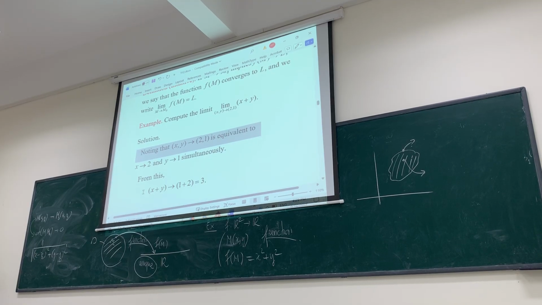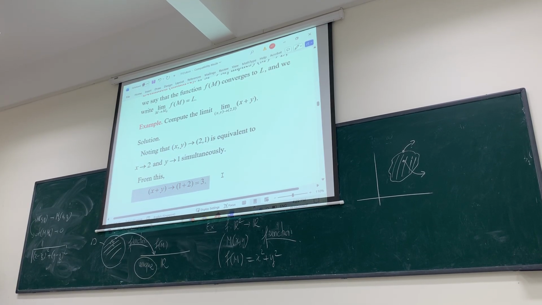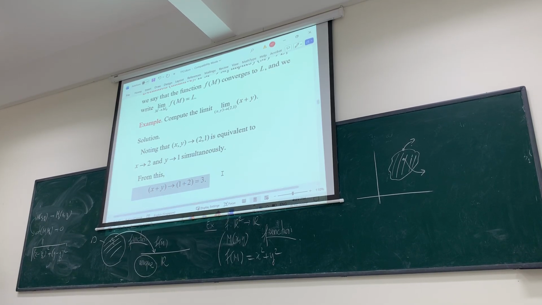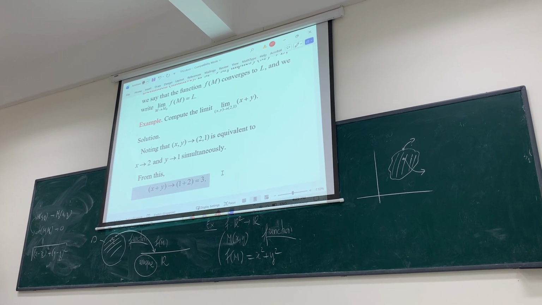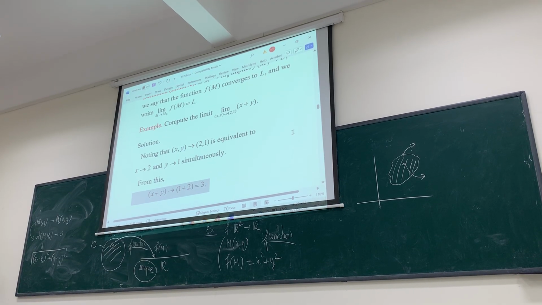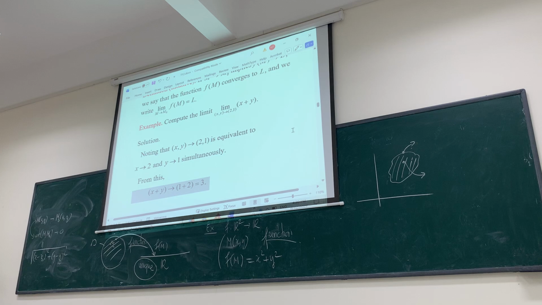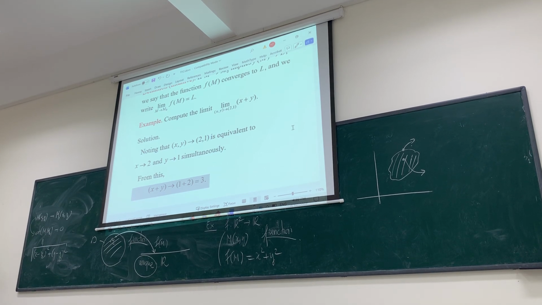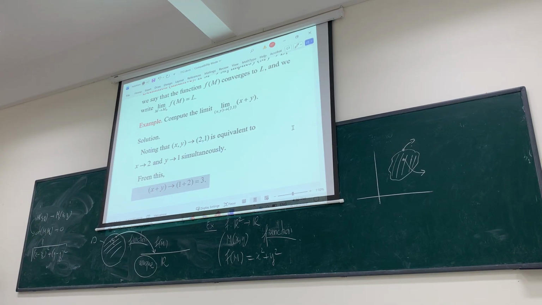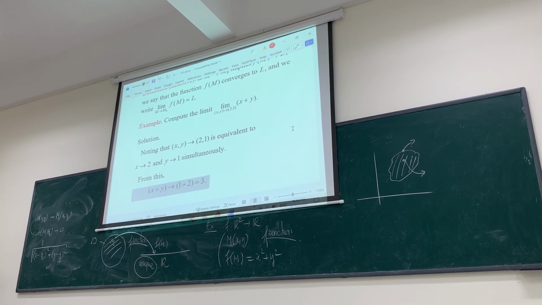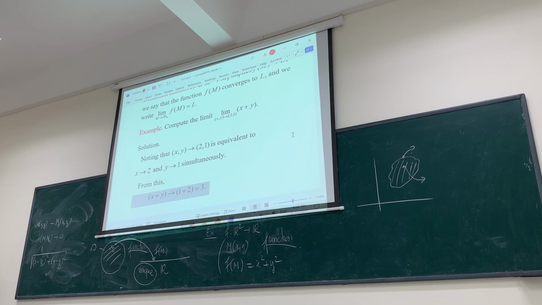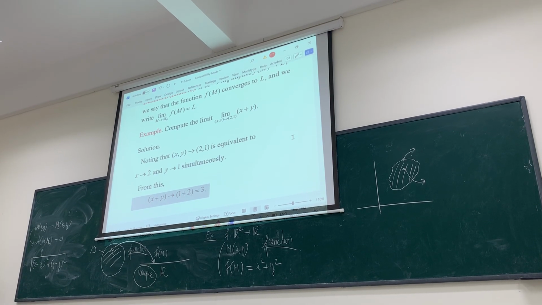We can imply the sum x plus y tends to 2 plus 1, which means the value x plus y tends to 3. This is based on the intuitive definition. We can imply the limit we consider here has the limit 3.